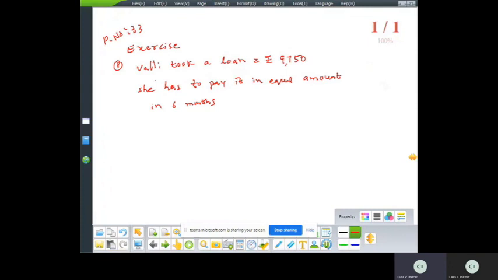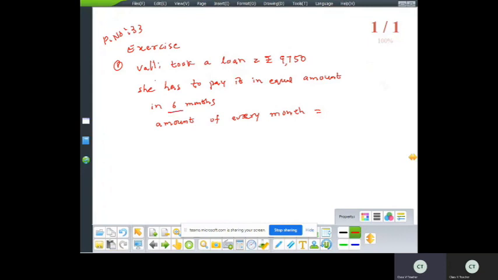It means the amount of every month. How many months are there? 6 months.